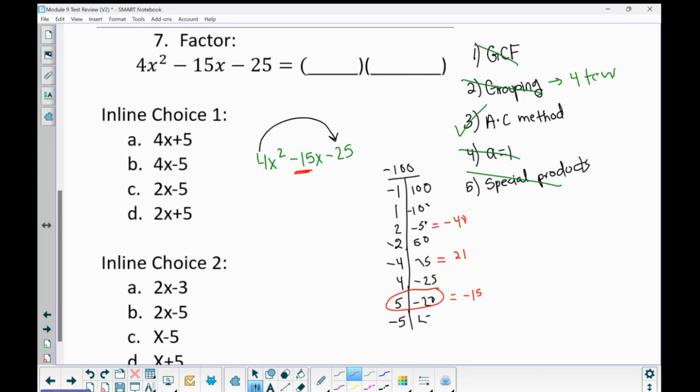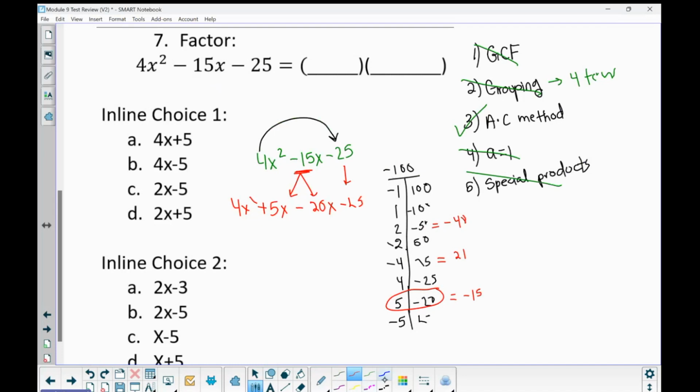So I'm going to rewrite, but now instead of negative 15x, I'm going to do positive 5x, negative 20x. Now it's going to give me the same exact answer. Negative 25 here and 4x squared.